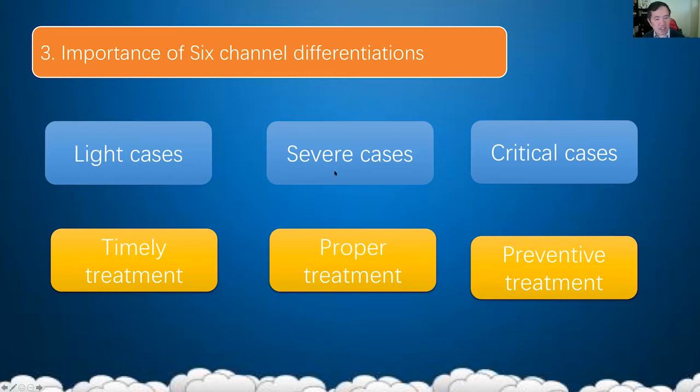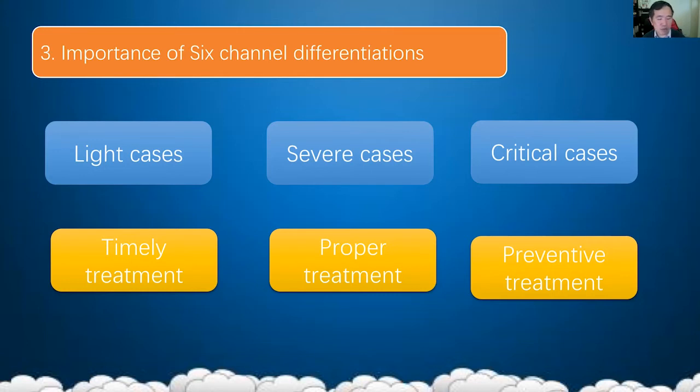But when it is at the severe cases, we are not going to use only 6-channel differentiation, but also we can see that the treatment procedures are a little bit complicated. We are going to show you what the procedures are. But when it is at the critical cases, what can TCM do in that kind of situation?